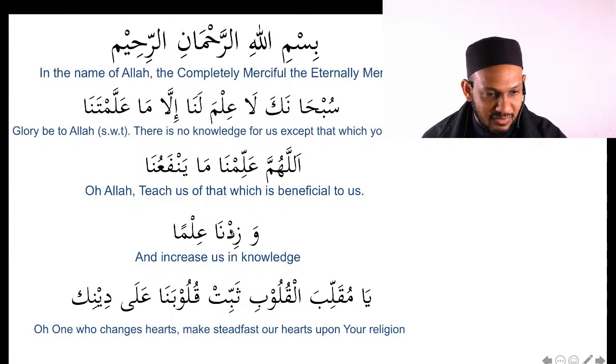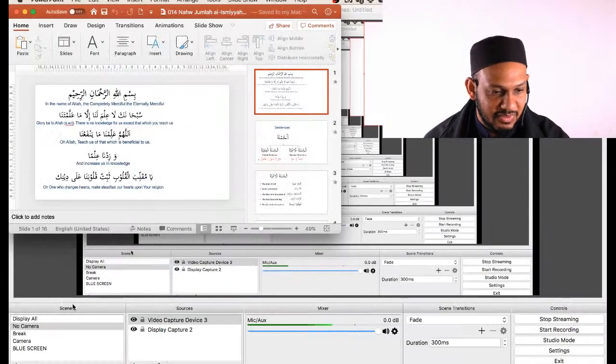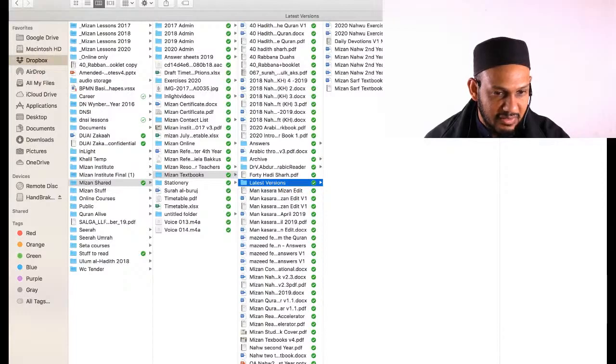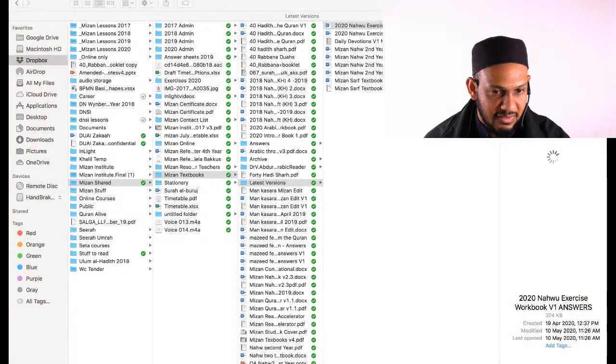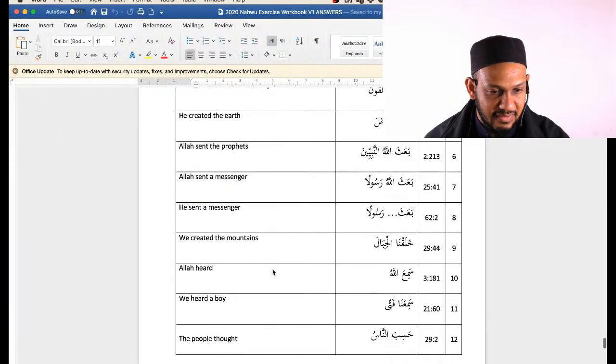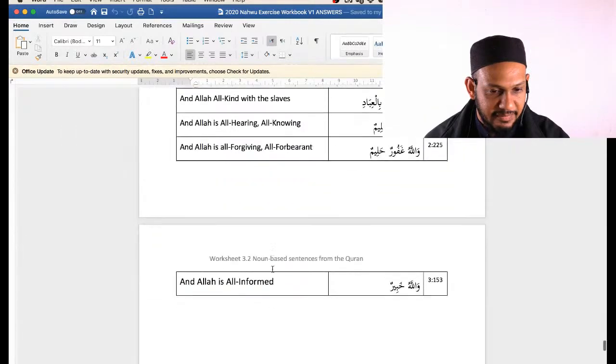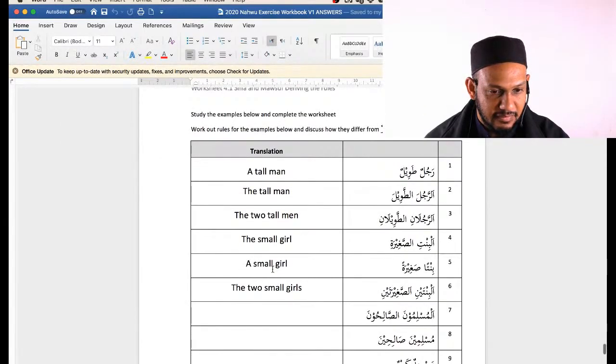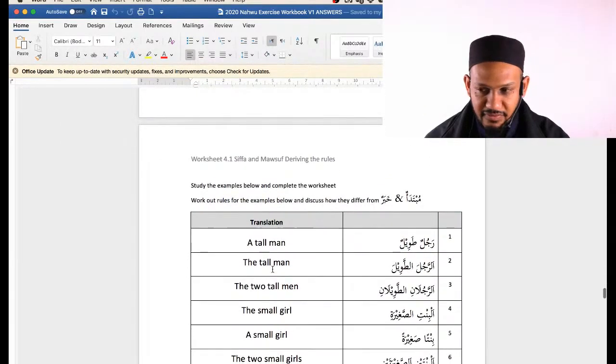I would like you to take out your workbooks, your Nahwu workbook, and then we can go to the last exercise that we did, which was exercise 4.1.